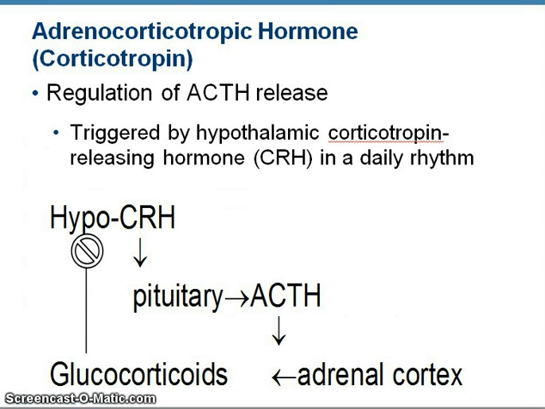So first up is ACTH, otherwise known as adrenocorticotropic hormone. So it, as you will remember, is going to be under the control of the hypothalamic hormone corticotropin releasing hormone, or CRH. So when the hypothalamus senses stress, it is going to release corticotropin releasing hormone, or CRH.